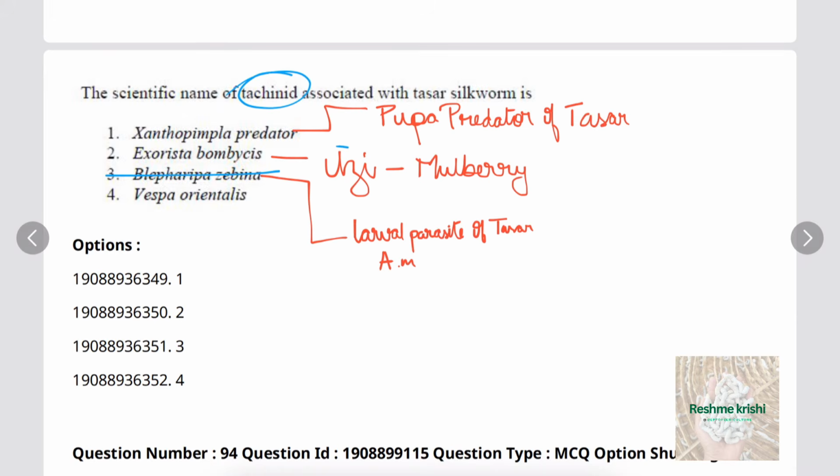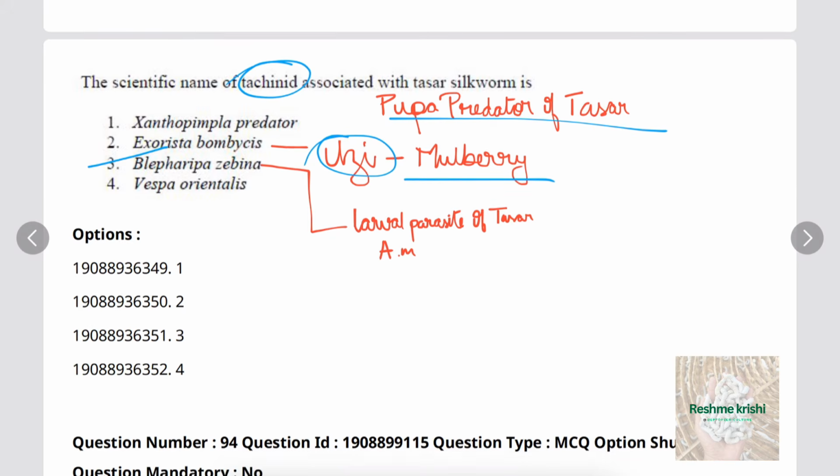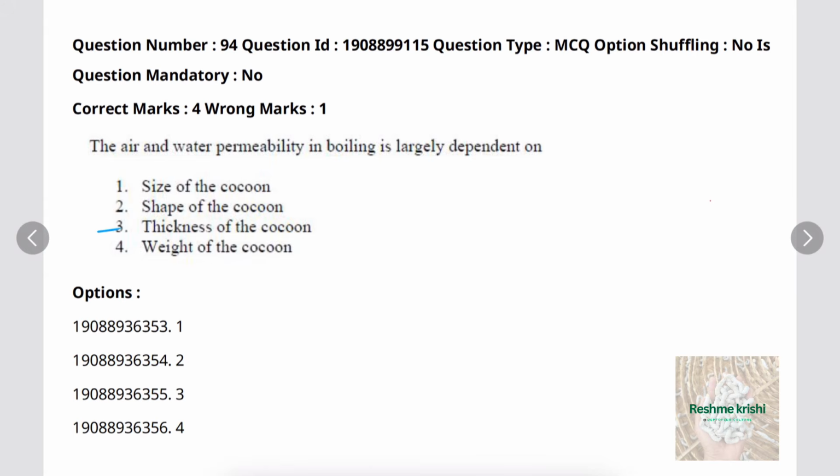We know Exorista bombycis is the mulberry uzi fly, and this one is particularly a pupal parasitoid of tasar. The answer is Blepharia zebina.